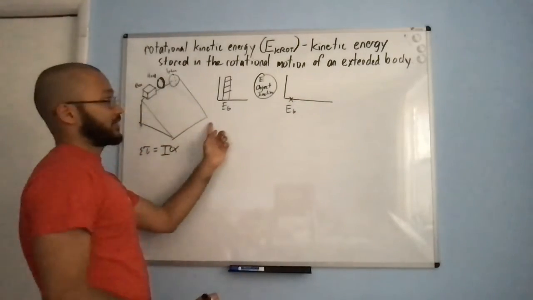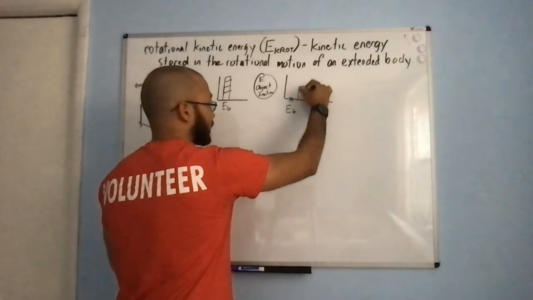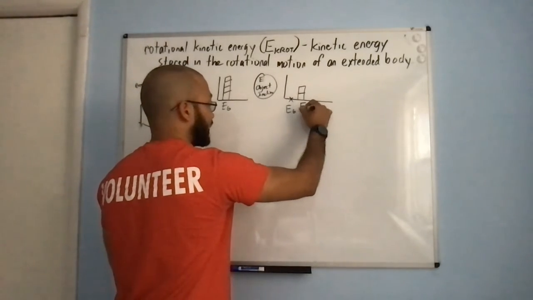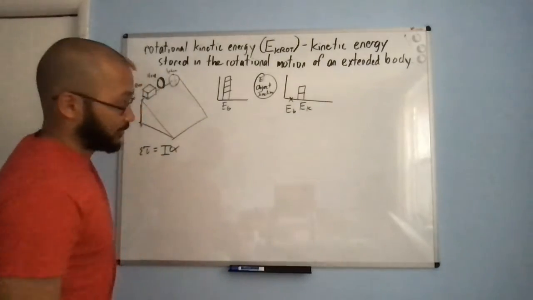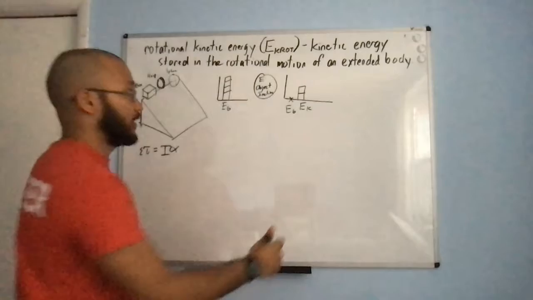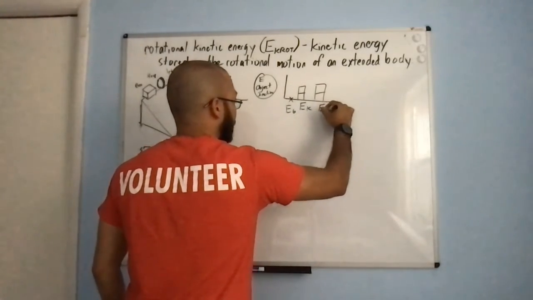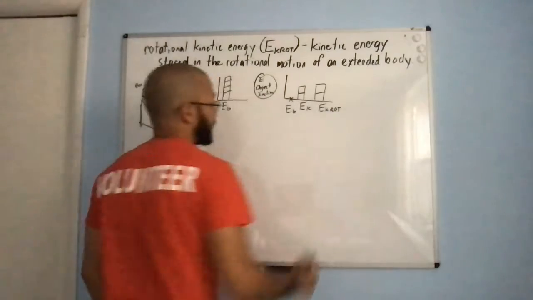and in the end, suppose my height 0 is here. The gravitational is 0. There's going to be some amount of kinetic energy because these things are moving linearly, like their center of mass is in motion. But there's also going to be some amount of rotational kinetic energy.